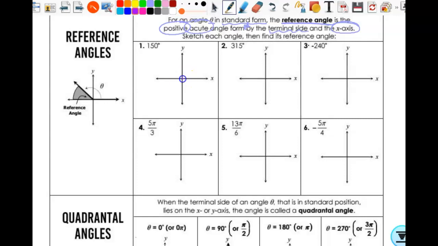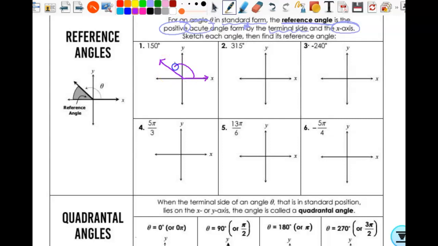In order for me to sketch this, I'm going to start here and open up this way. I'm going to have to go 90, and then how much more? What's 150 minus 90? 60. So 60 is 2/3 of the way to 90. It would look something like this.